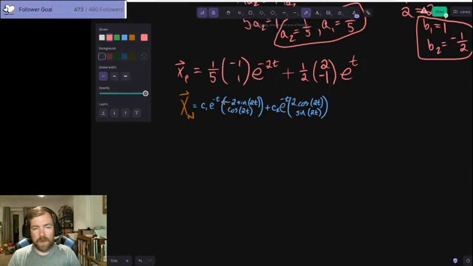Alright, so we get our null space solution, we get our particular solution, and now our total solution, if we just want to call it x vector as a whole, is going to be all of that stuff summed up.